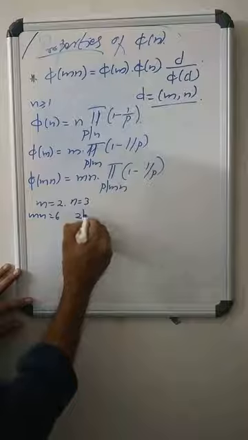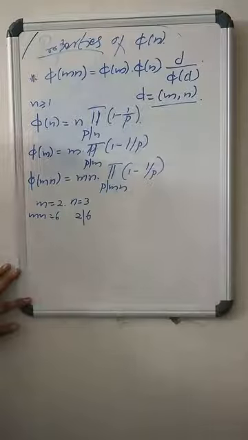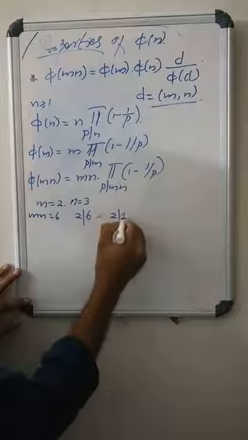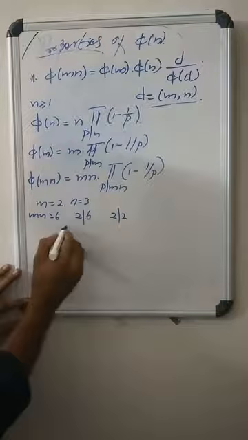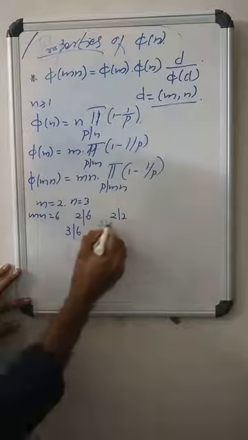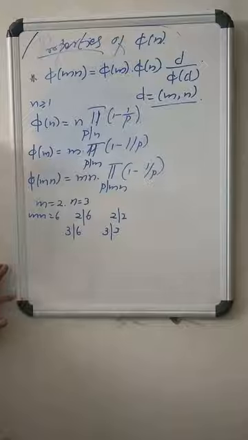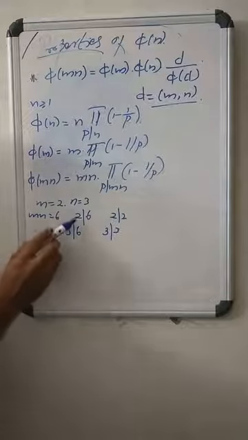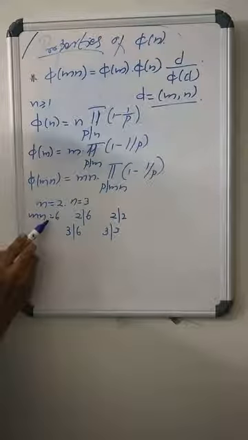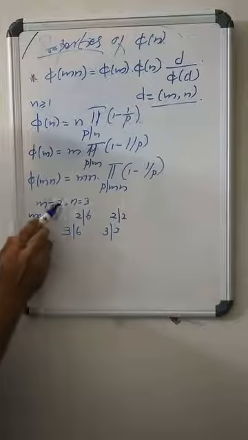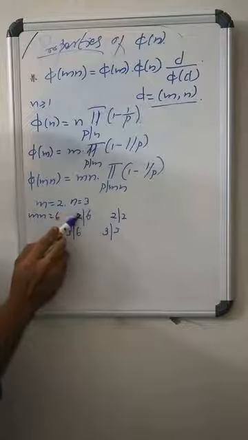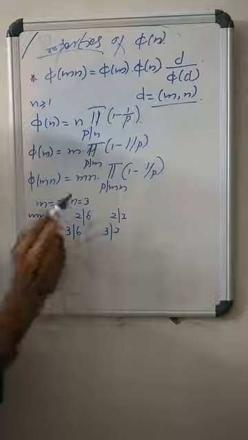Surely 2 is a prime divisor of 6, so this 2 divides m. And 3 is a divisor of 6, so this 3 divides n.